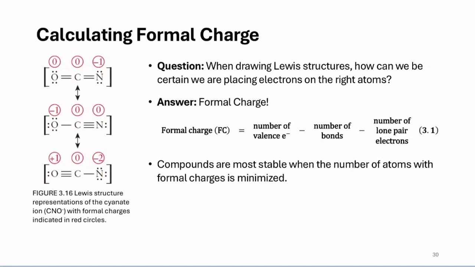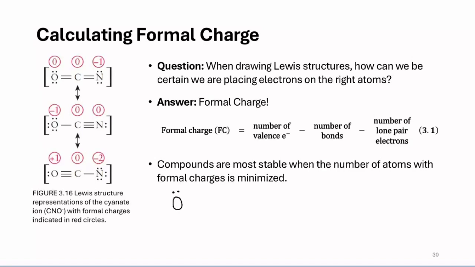So I'm going to take specifically the first Lewis structure to illustrate how the equation can be utilized and where the zero for the oxygen, the zero for the carbon, and the -1 for the nitrogen came from. So I'm going to redraw that Lewis structure.